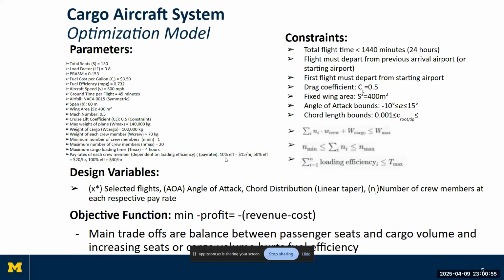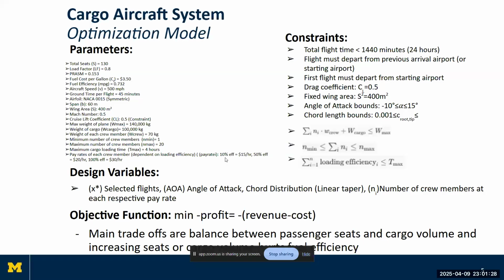So we begin with the key parameters, which includes total seating capacity, load factor, fuel price, and baseline MPG. Note that the aircraft speed is fixed, and we assume a symmetric airfoil with a fixed wing area. Several operation assumptions are embedded into the setup, such as a maximum cargo weight and flight level constraints like a maximum of 24 hours for the full schedule and a ground time of 45 minutes per stop.